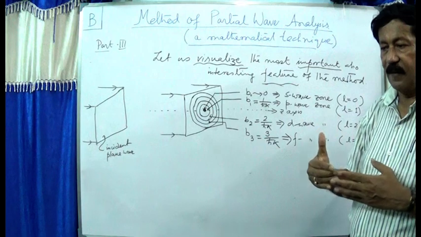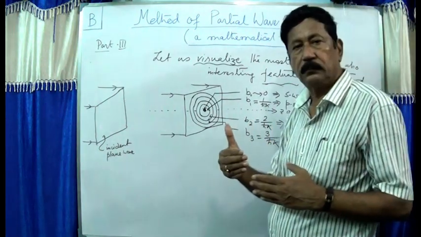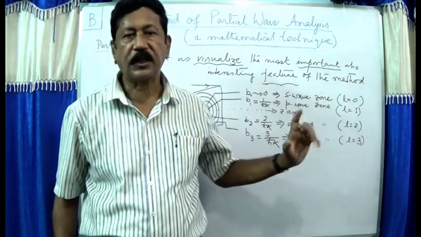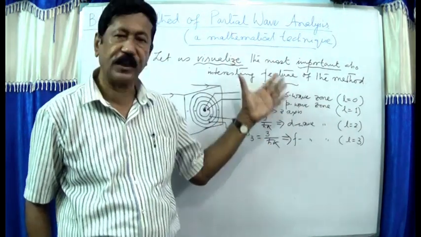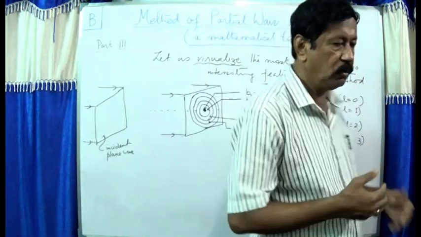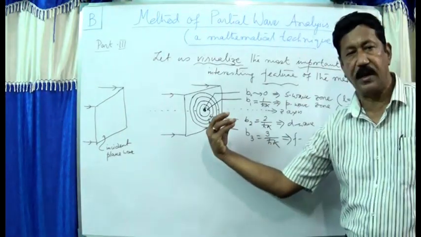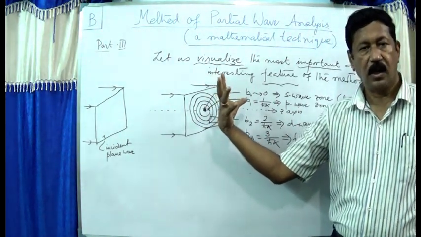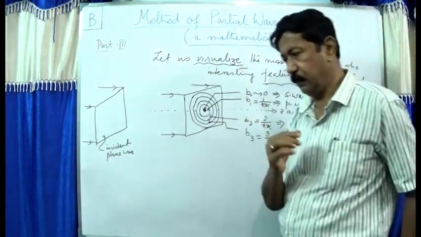As we consider the higher number of partial waves in the series expansion of our earlier expression, we go from the central region to the outermost region of this incident plane wave.